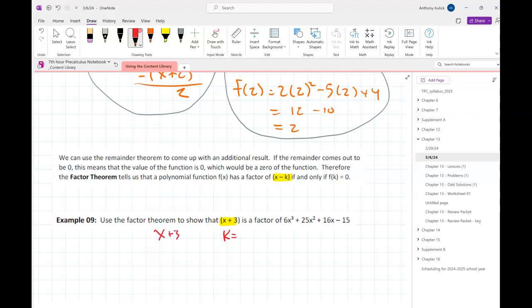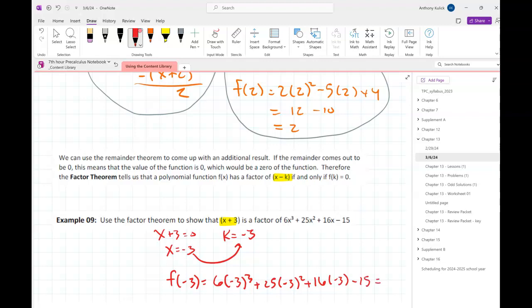We're taking x plus 3 and setting it equal to 0. So that's like my k. So if I do f of negative 3, that does come out to be 0.